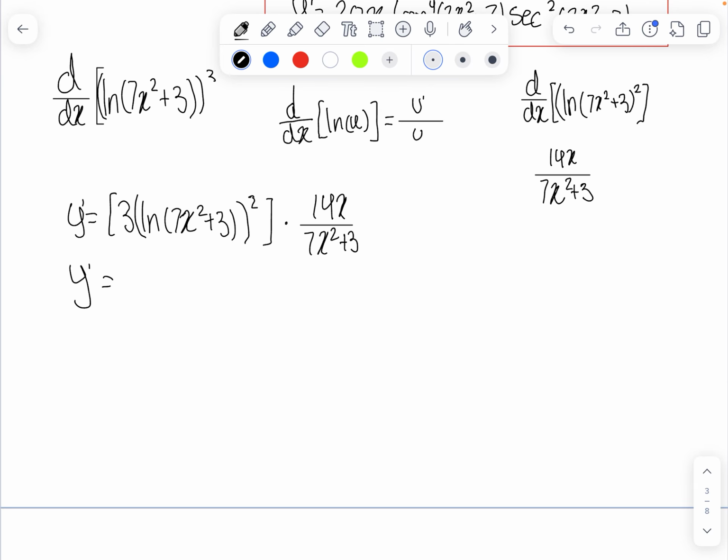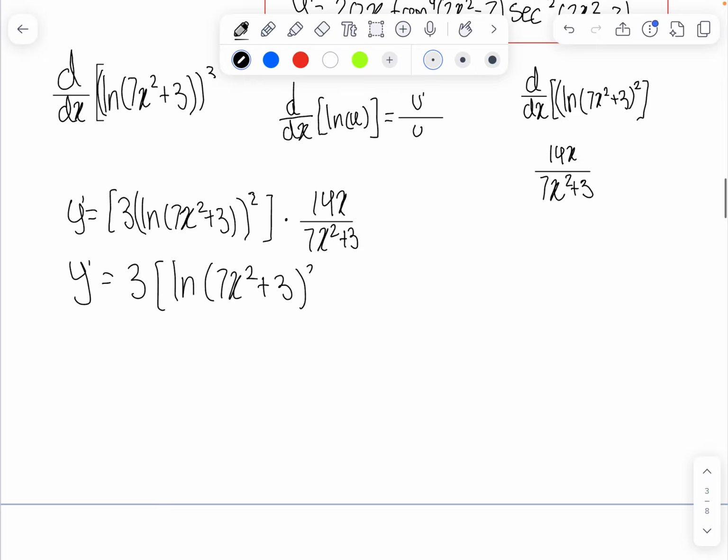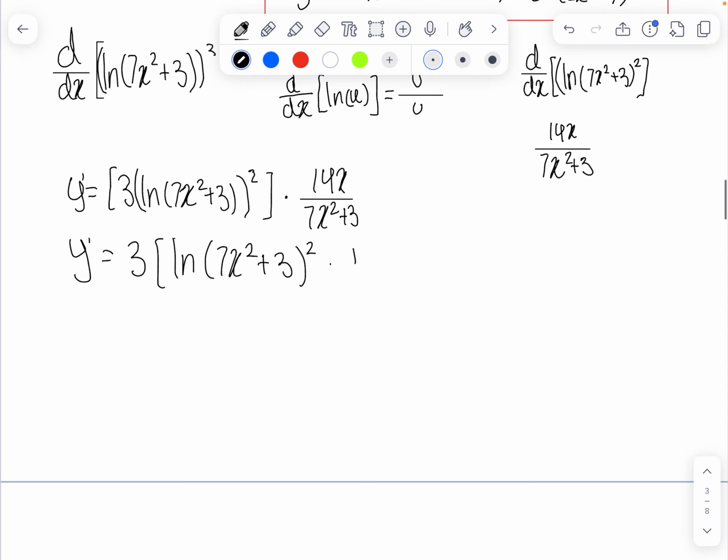So if you multiply everything together at the end, you should get 3 ln of 7x squared plus 3, squared, multiplied by 1 over 7x squared plus 3.